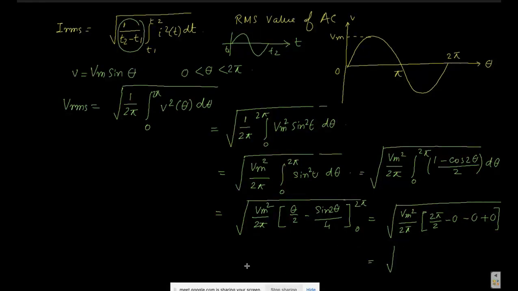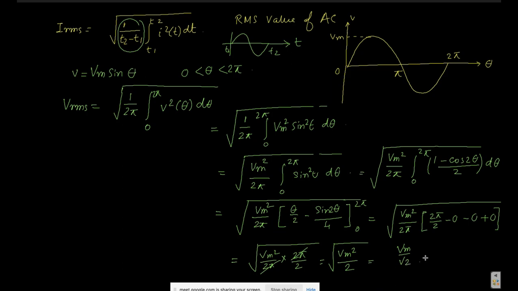root under Vm square by 2 pi into 2 pi by 2. Pi and pi cancel out, so it is Vm square by 2, and if you calculate, it becomes Vm by root 2.